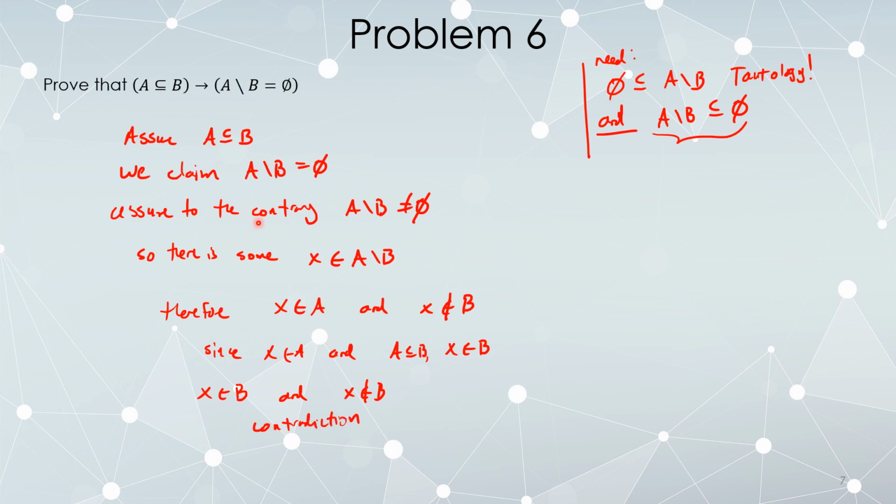So having assumed to the contrary that our set wasn't empty, we got a contradiction. Therefore, this claim is backed up, and that was really the only thing left to show. So our proof is done, and we signal that with our gravestone.